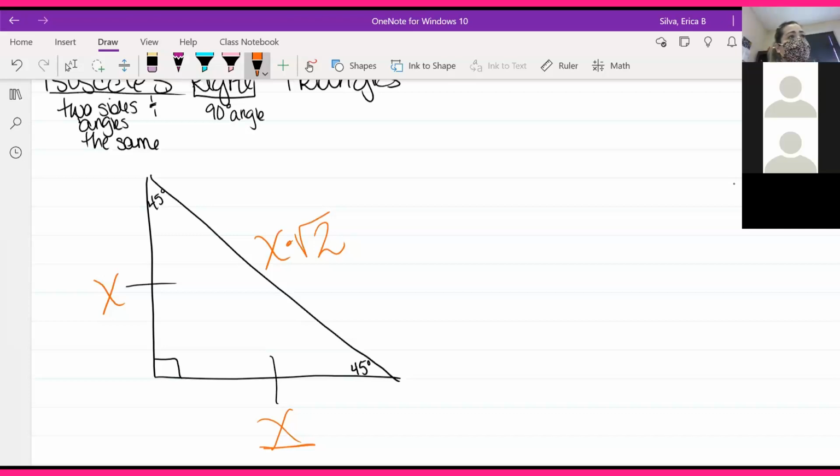Okay, sounds good. So the hypotenuse is always going to be the square root of 2 times bigger.